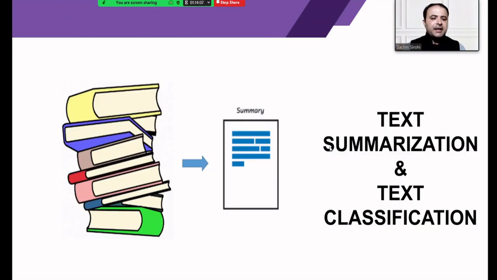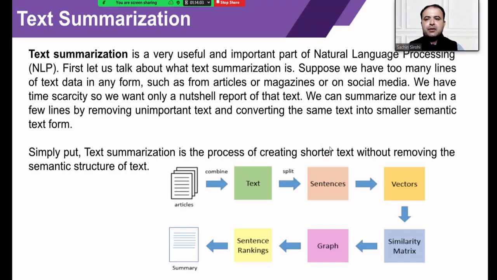Text summarization and text classification. Text summarization is a very useful and important part of natural language processing. First, let us talk about what text summarization is. Suppose we have too many lines of text data in any form, such as an article, magazine, or social media.